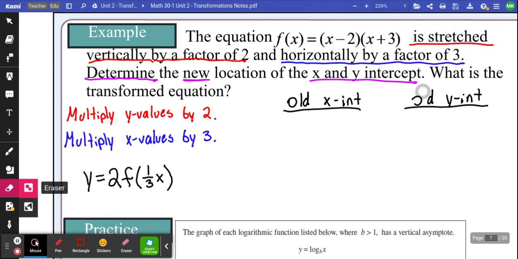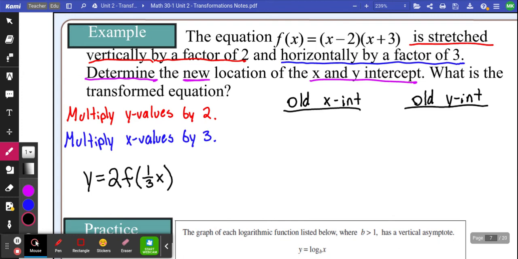All right, let's start with x-intercepts. How could I find the old x-intercepts from this original function? First, you just look at the brackets and whatever makes them equal 0, that's your x-intercept. You got it.